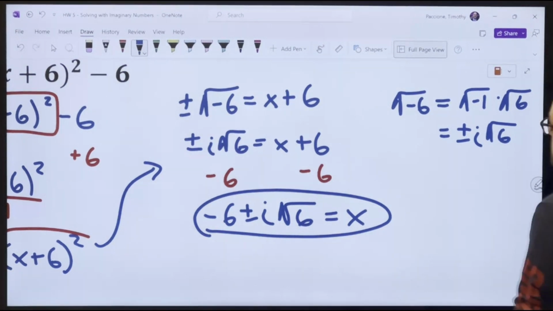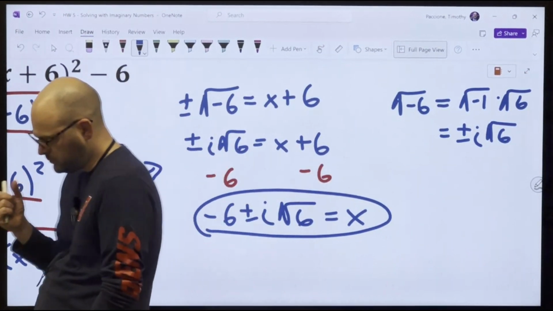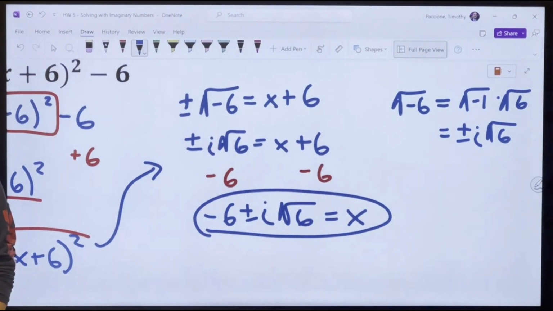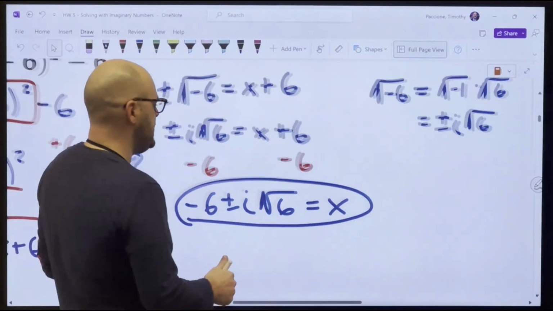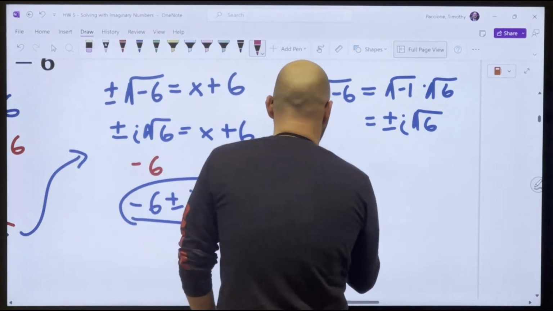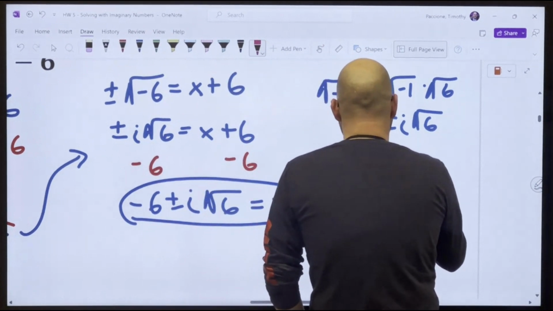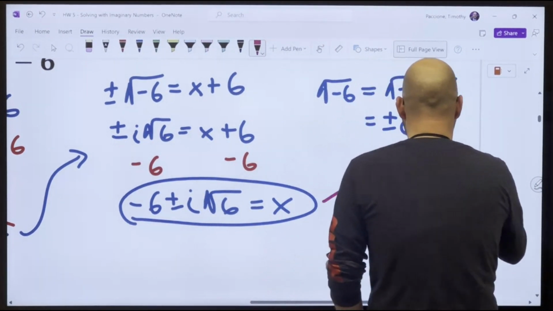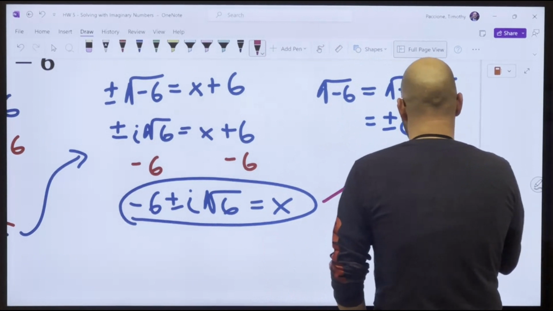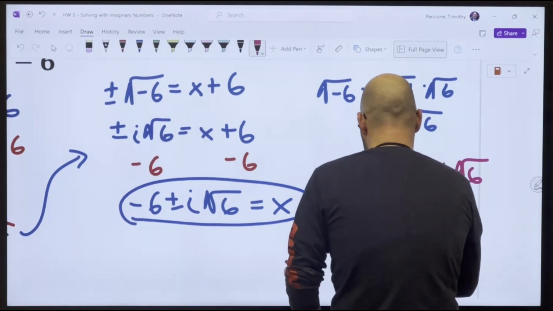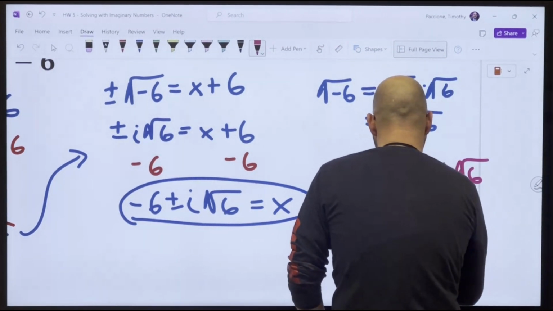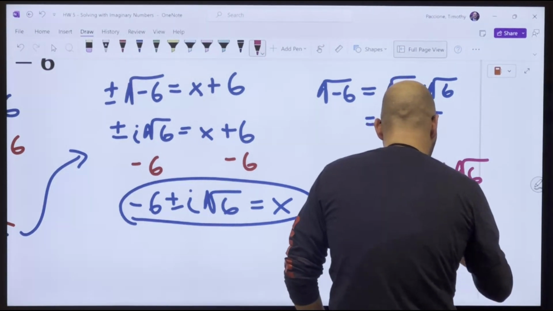All right, how many solutions did I have here? Plus or minus means 2. Remember, what this is saying is x equals negative 6 plus i square root of 6, or x equals negative 6 minus i square root of 6.